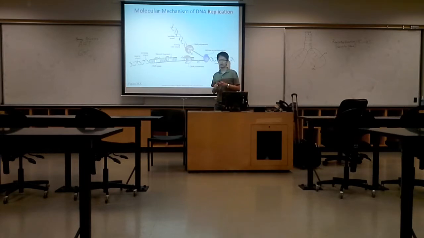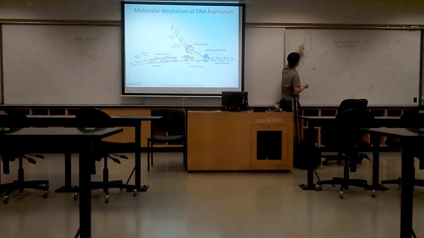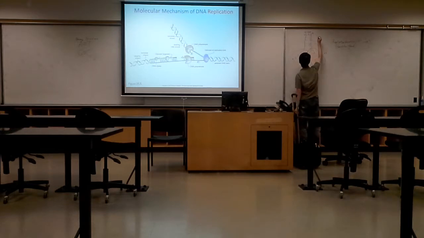So, as you remember, the parent strands are anti-parallel, meaning that if it is 5' end here, this will be 3' end, and if it is 3' end here, this will be 5' end.